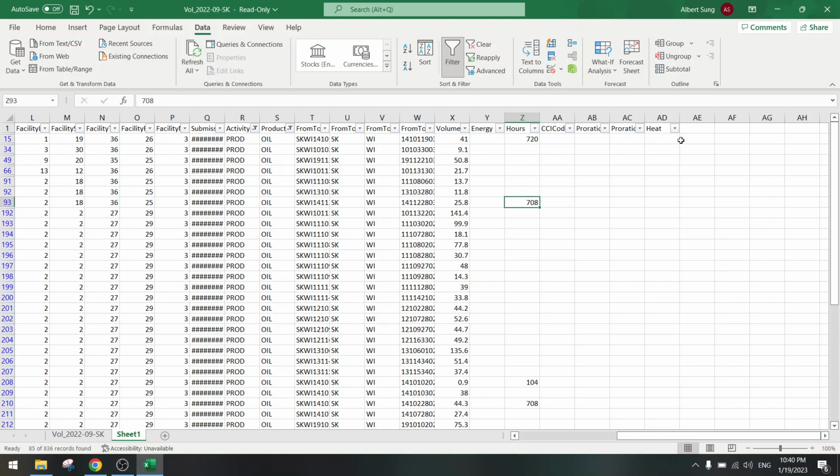And then you divide the hours by 24, and then you have the amount of days in that month. So that's 30 days.